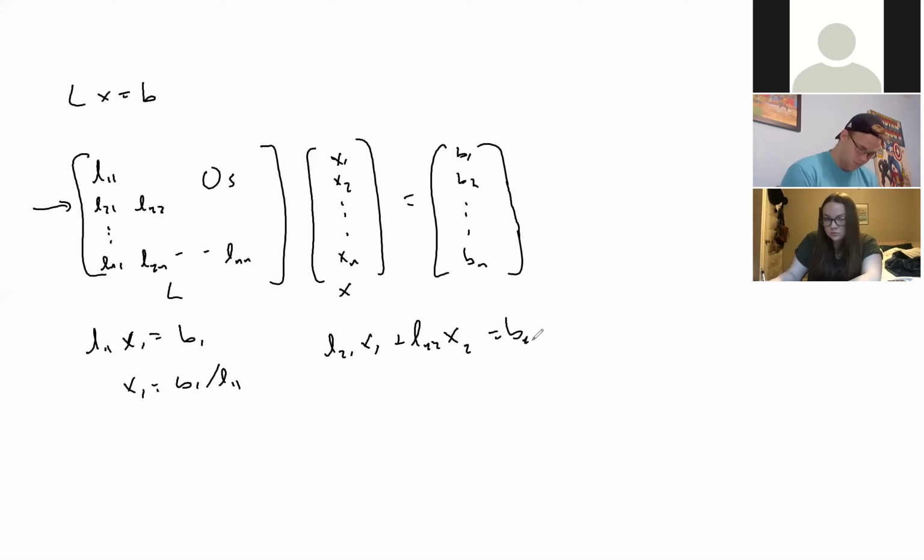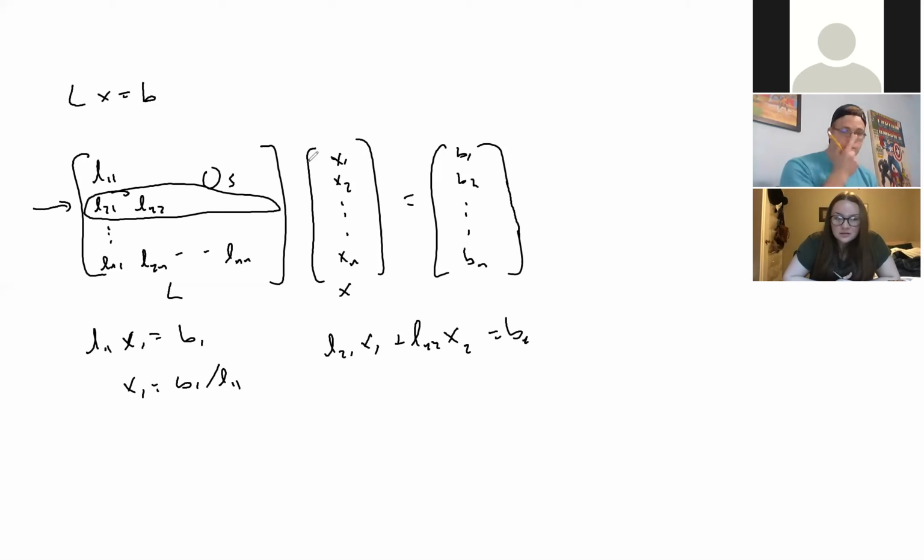Does that make sense? No. I'm doing this second row multiplied by x, but after the L22, those are all zeros. So technically you have plus 0 times x3 plus 0 times x4. Oh, okay, they just cancel everything out. That makes sense.